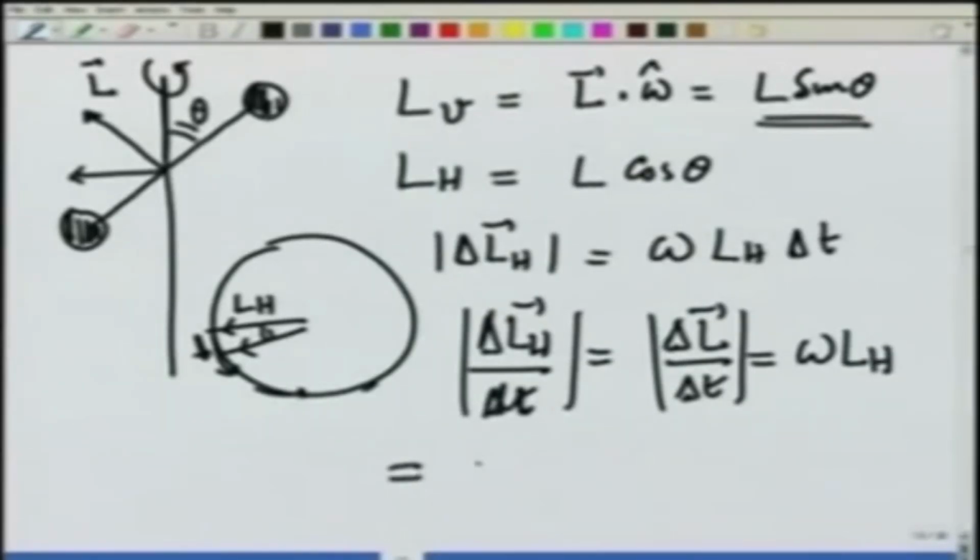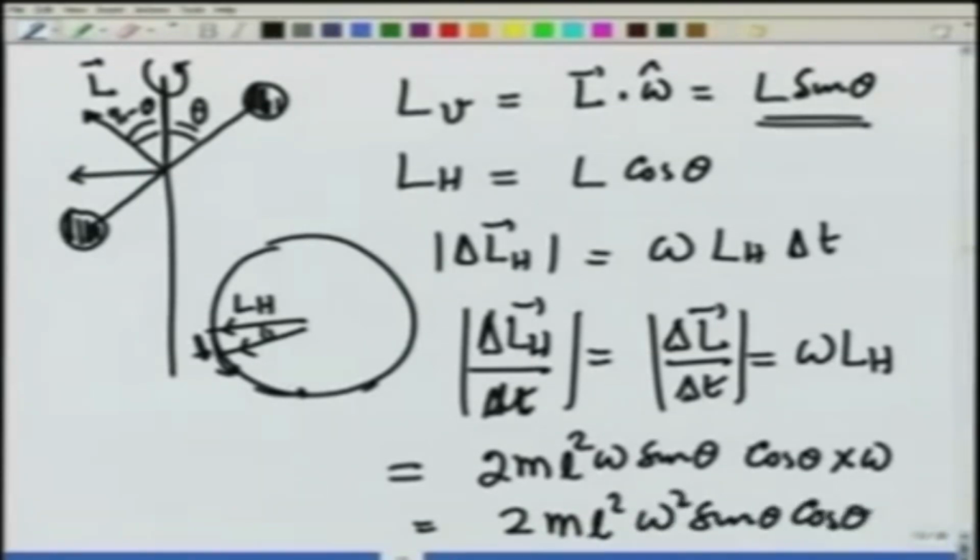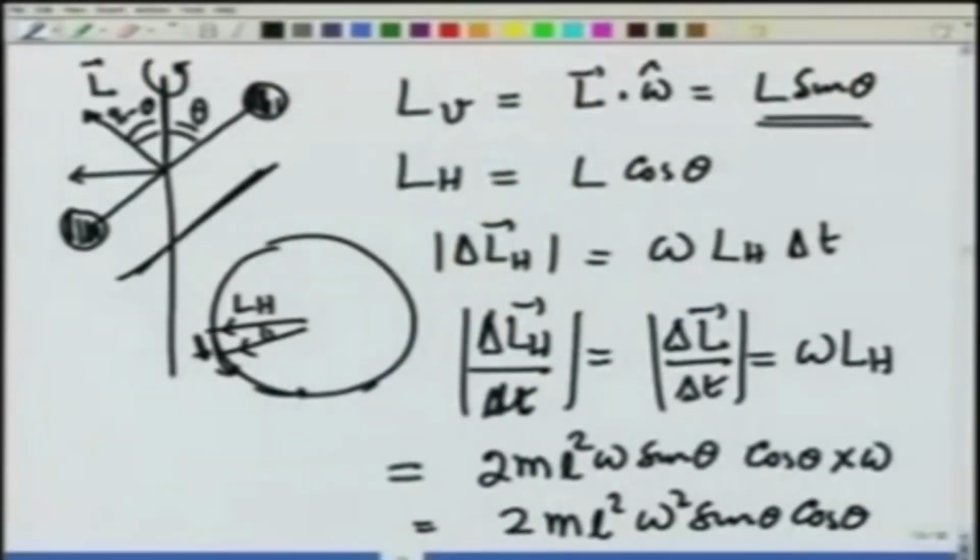L was 2 m L square omega sine theta, this angle is 90 minus theta, so L horizontal is going to be sine of 90 minus theta of this, which is cosine theta, times omega, which comes out to be 2 m L square omega square sine theta cosine theta. At this point, when the body is in the plane of the screen, the horizontal component is coming out of the screen, so that is the direction of dL dt, and this is going to be the torque required.